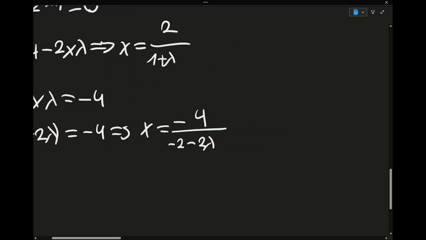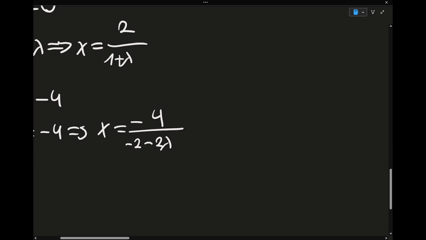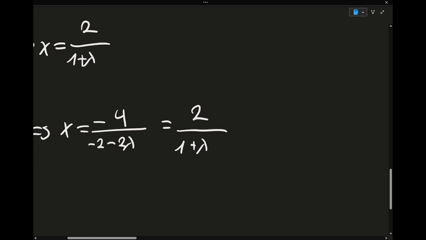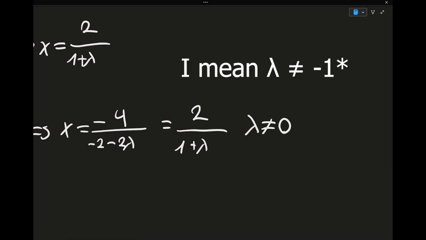And if we take the minus 2 out, we get 2 divided by 1 plus lambda. This only holds if and only if lambda is not equal to minus 1.